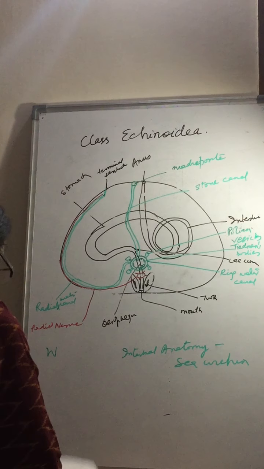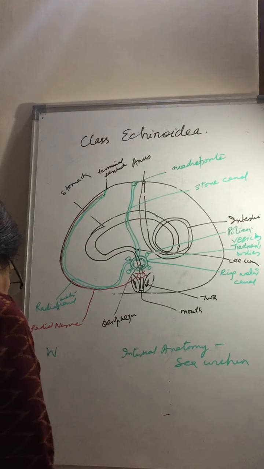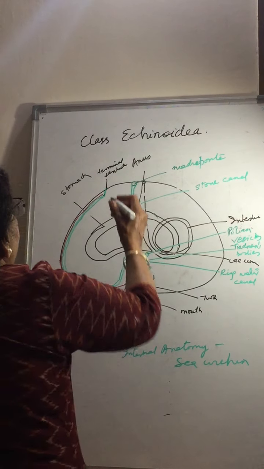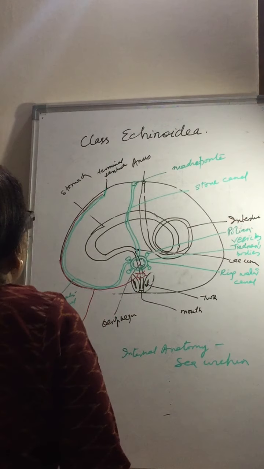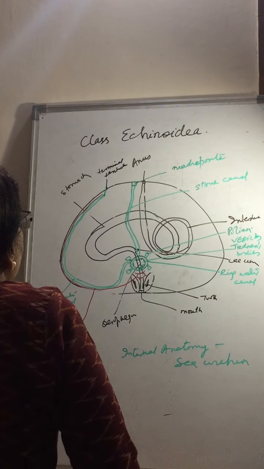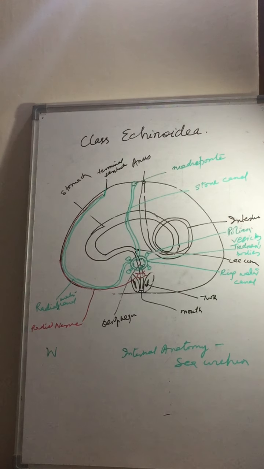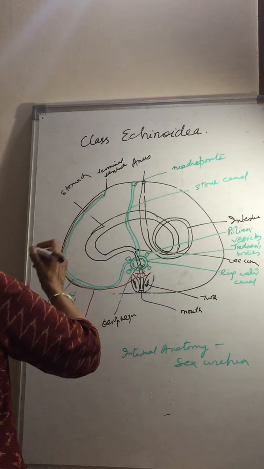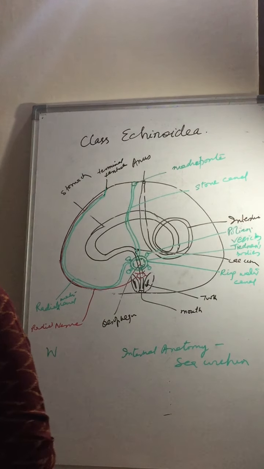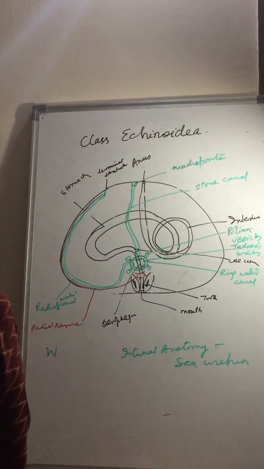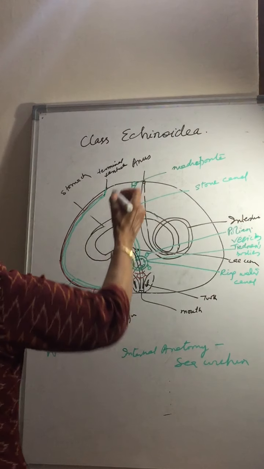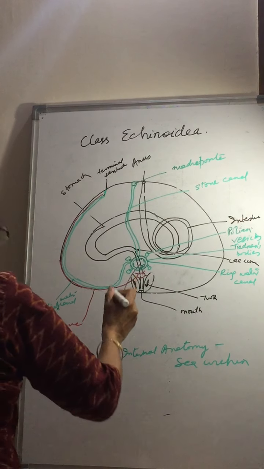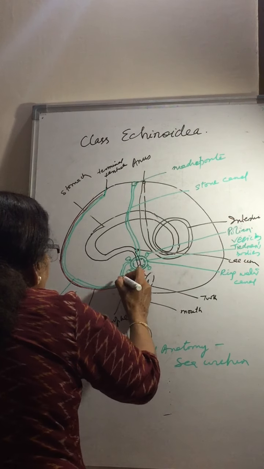So what else we have to draw here is the tube feet. One of the important features is that the tube feet are present here. The lateral canal is there, and the tube feet are there.